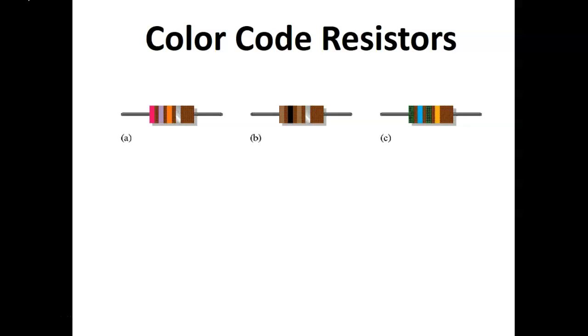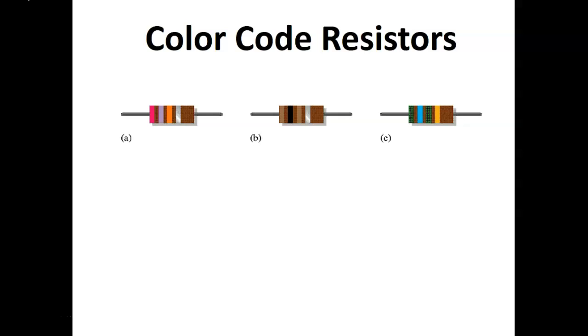Just to tell you what these other ones are, you have red, violet, orange, silver. This is a green, blue, green, gold. I'm going to give y'all a few minutes to see what you come up with on your own as far as these 4-band resistors.